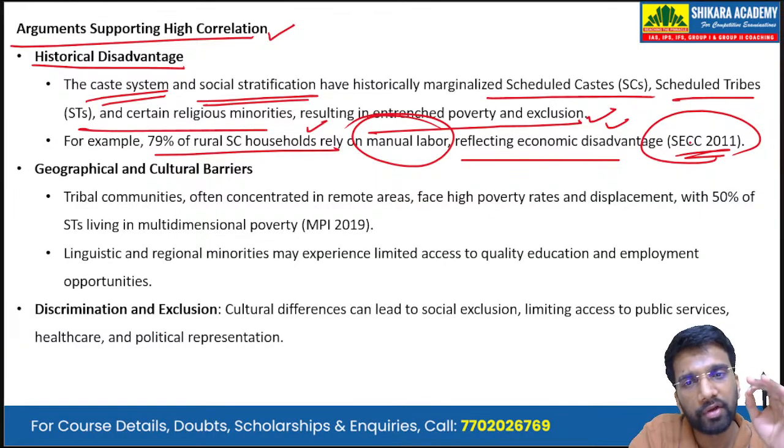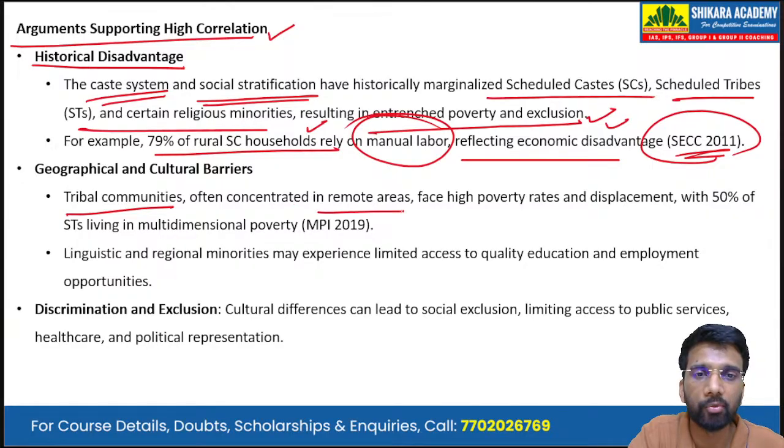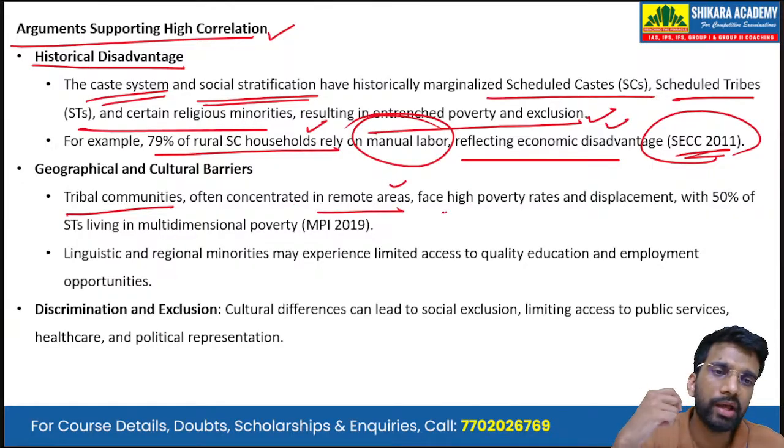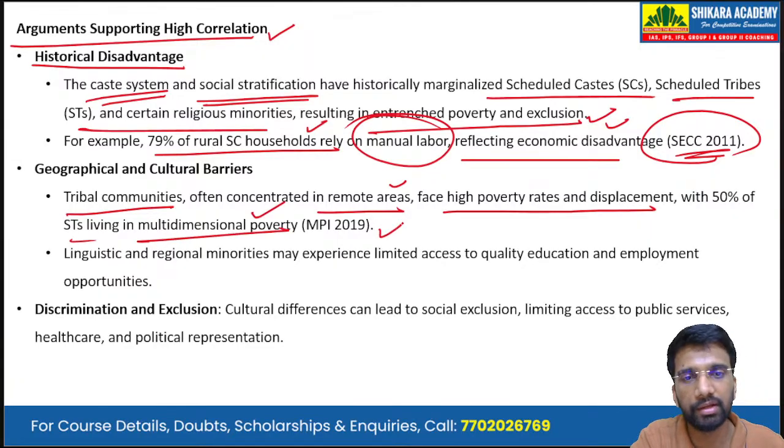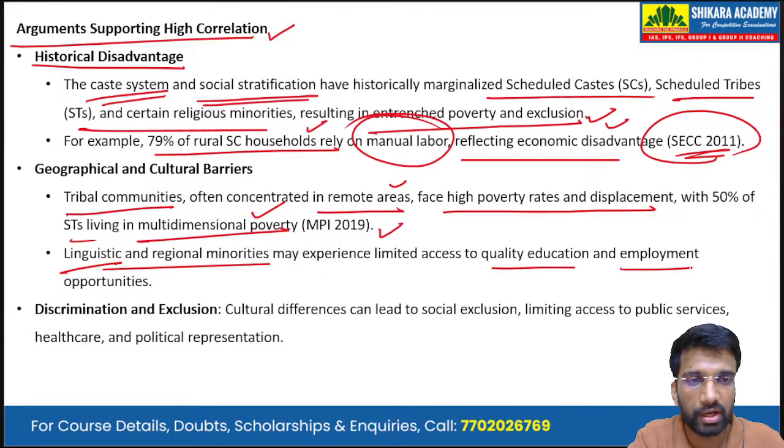Then we write about geographical and cultural barriers. Tribal communities, often concentrated in remote areas, face high poverty rates and displacement, with 50% of STs living in multidimensional poverty, according to the MPI of 2019. Linguistic and regional minorities may experience limited access to quality education and employment opportunities.